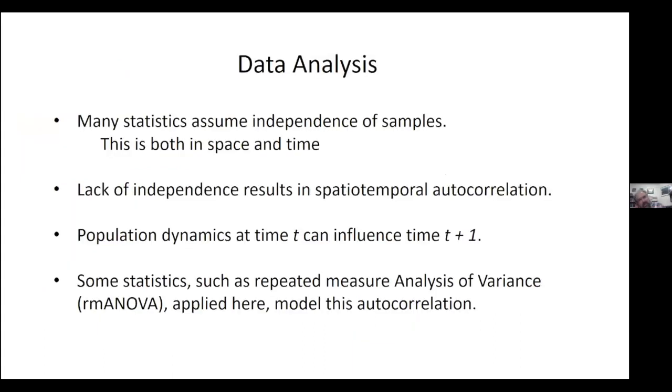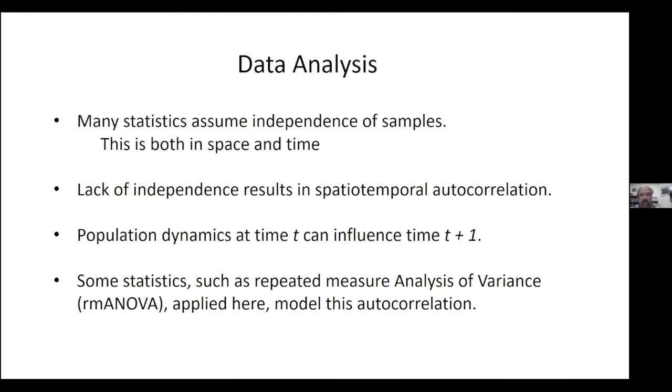Data analysis, just going to touch on this very briefly here. It is a very important topic. Okay. Data analysis, statistics generally assume an independence of samples. This is both in space and time. This spatial temporal work, they're not independent. What's referred to as autocorrelation. And this is actually important.